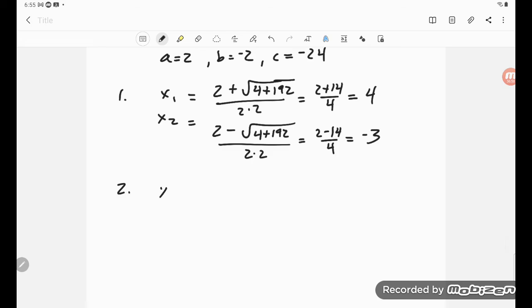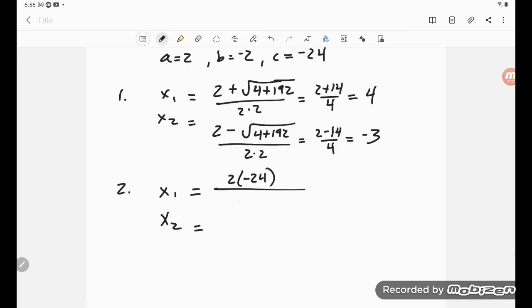Now, here's where, using the second one, I swapped the minus and plus. So again, this is 2c, so 2 times negative 24. And then over that same, minus b and plus or minus, except it's minus plus, so we do the minus one first.